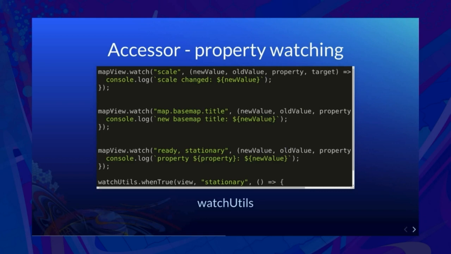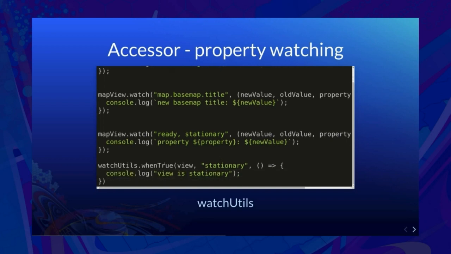So this is like saying map view.map.basemap.title. I can also watch for multiple properties to change at the same time. And every time one of them changes, this function will go ahead and fire. Now, if I do something like this, it's up to me as the user to figure out which property it was that changed. And I can do that by looking at the property that's passed back in the function to decide what it is I want to do.